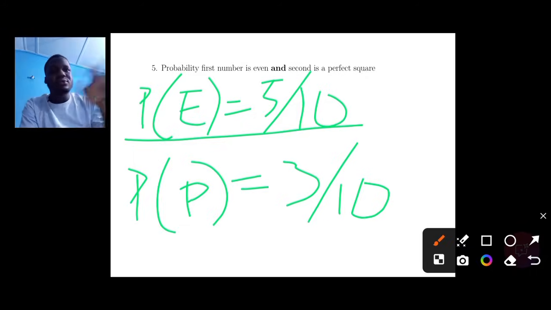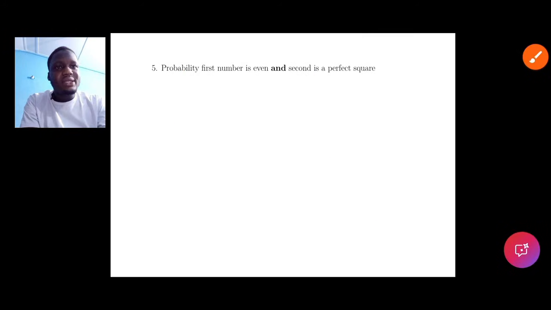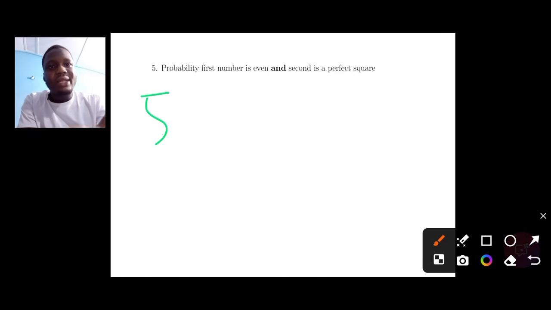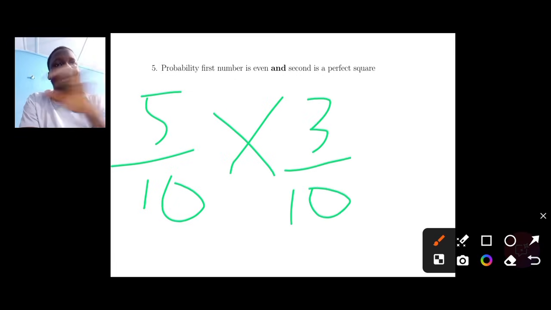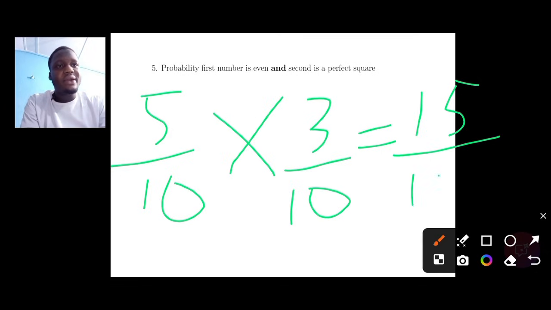Okay, now to do the multiplication, it says the first one is an even number and the second one is a perfect square. Which gives us 15 over 100.